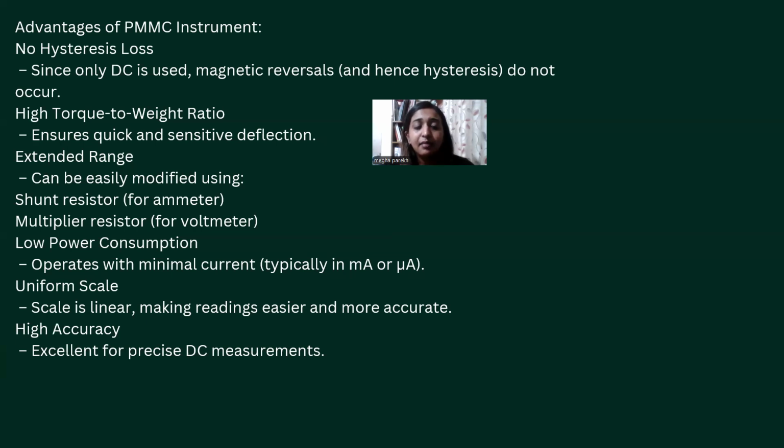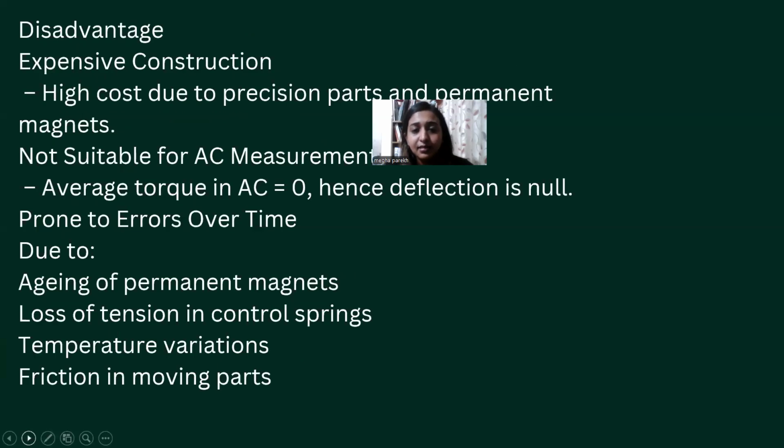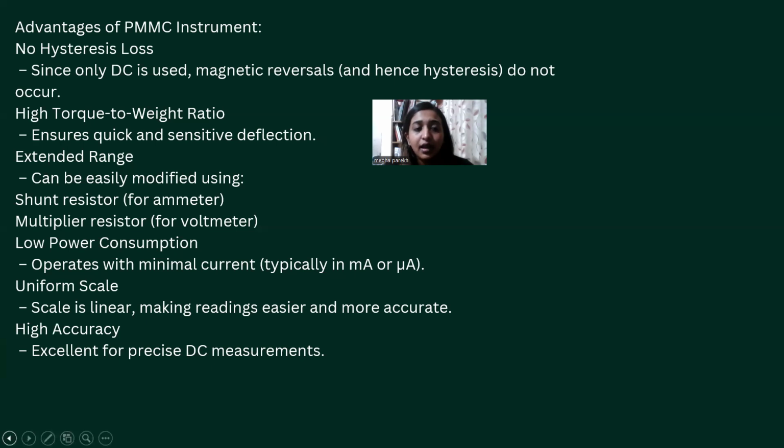The scale is linear, making readings easier and more accurate, with high accuracy. So this is excellent for precise DC measurement. And we can have the desired output by putting a shunt or series resistor for the ammeter and voltmeter.